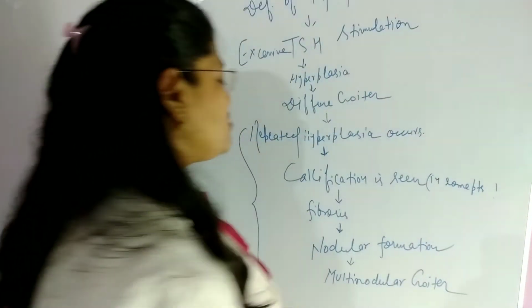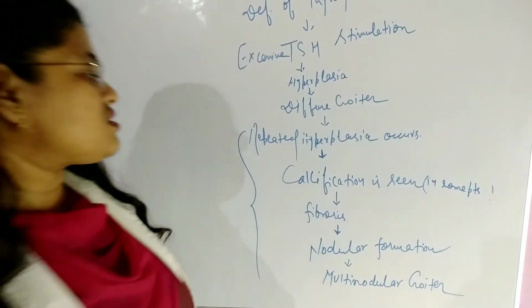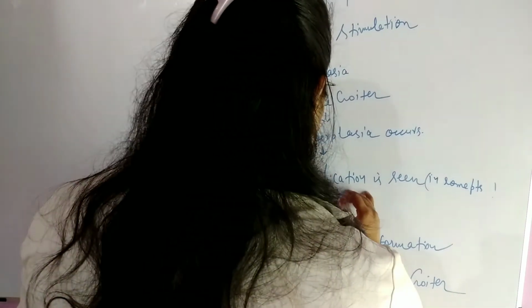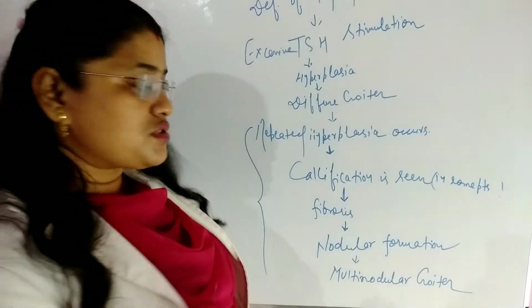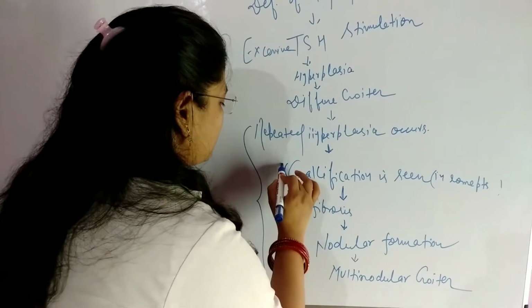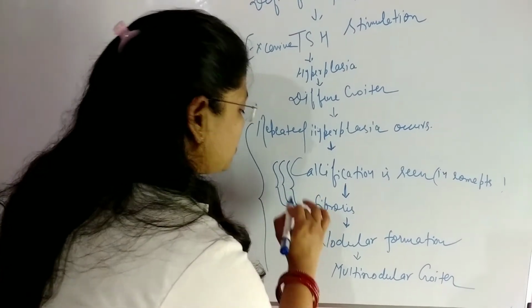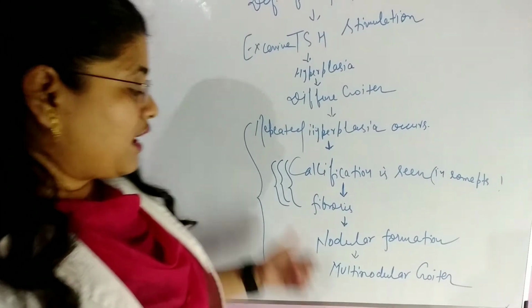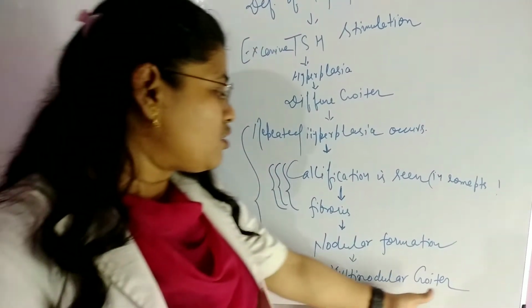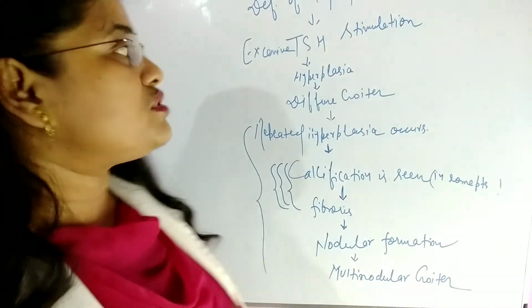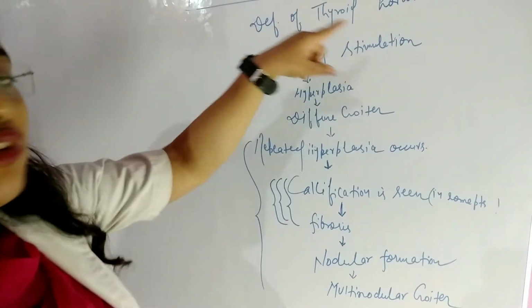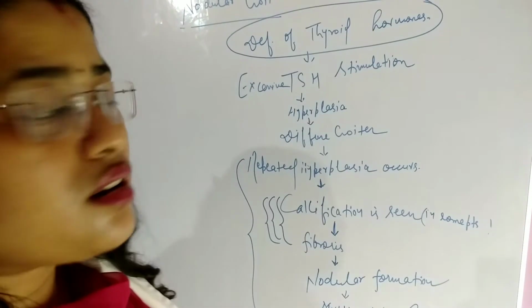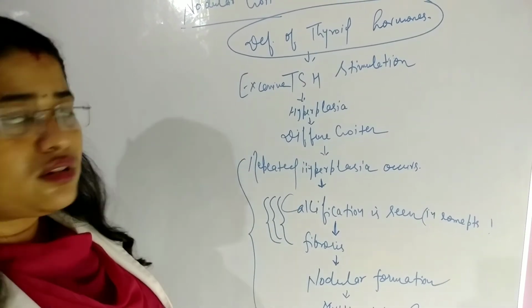Before calcification there may be fibrosis. These both events are at the same level. In this way multinodular goiter is produced due to deficiency of thyroid hormones. So this is the first step in development of diffuse and nodular goiter both.